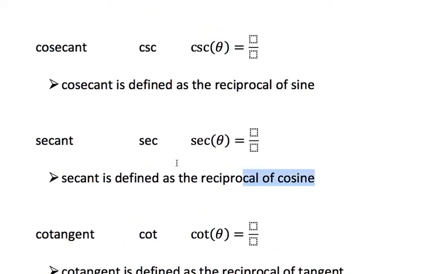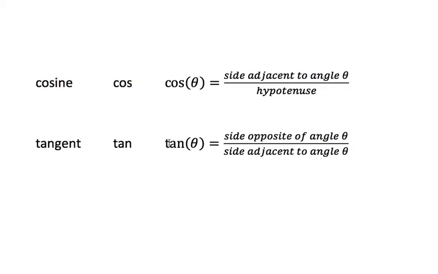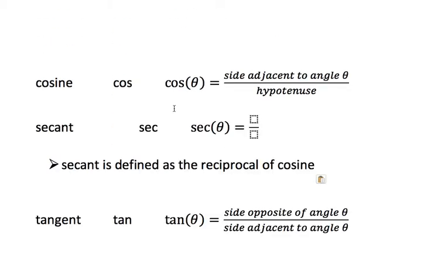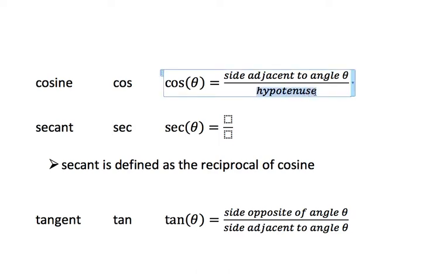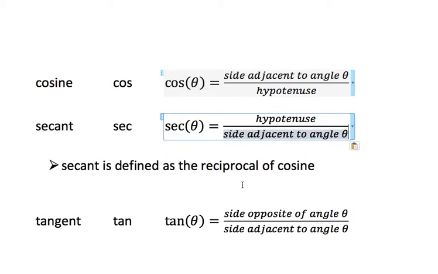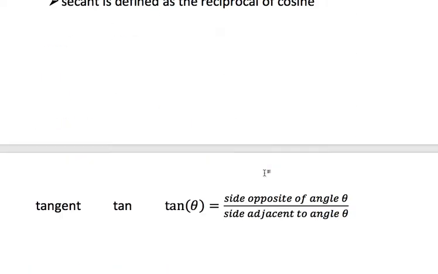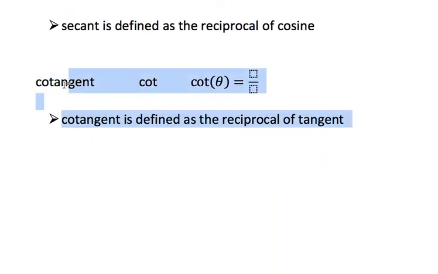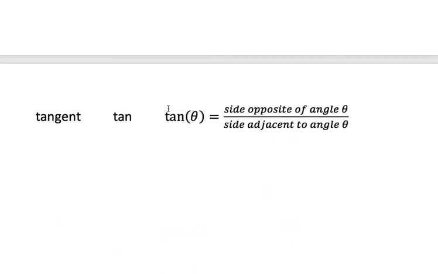The same sort of thing with secant. Secant is the reciprocal of cosine. Since cosine is side adjacent divided by hypotenuse, secant is therefore hypotenuse divided by the length of the side that is adjacent to theta. And finally, cotangent is the reciprocal of tangent.